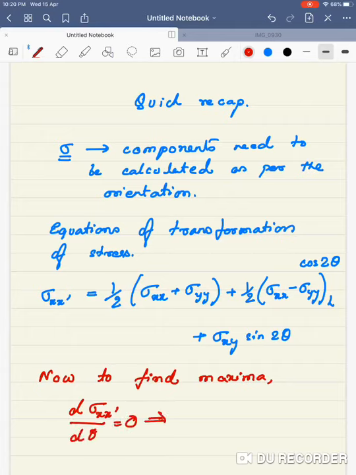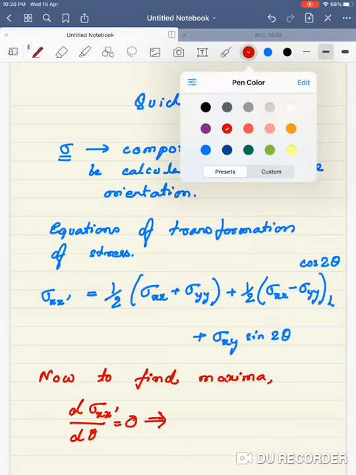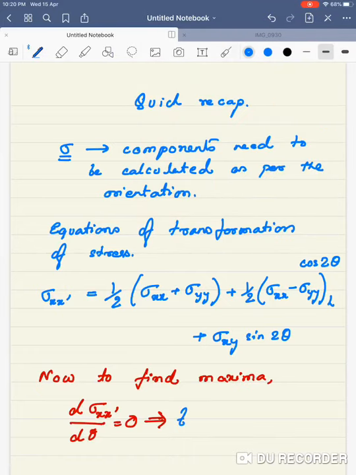This leads to the condition that tan 2 theta 1 equals sigma xy divided by sigma xx minus sigma yy over 2. I think this is the correct one, but you can double check the notes once again.